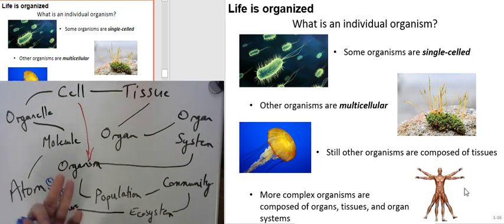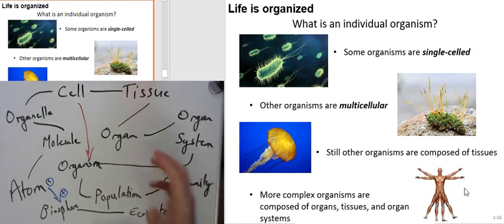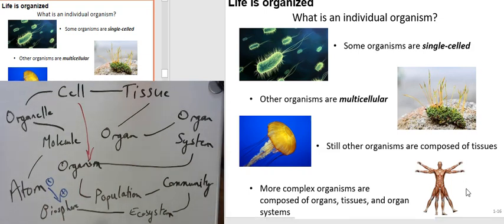And then, of course, you have us, a complex organism like any other animal on the planet, or trees. We have organ systems, and we go through all the steps. But the steps have been put there just to show you the complexity. It doesn't mean everything has to be followed to the letter, so keep that in mind.